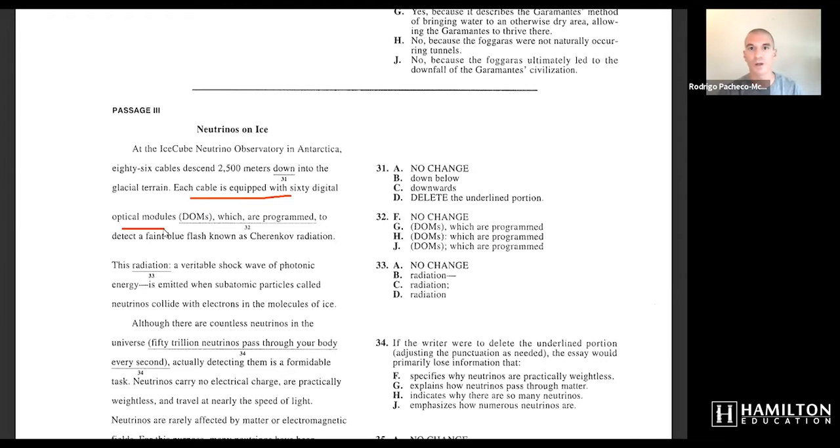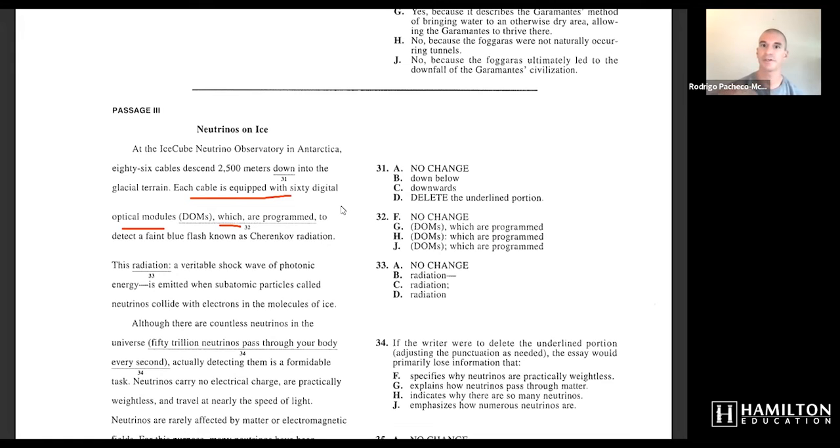So we have one clause here, independent, which are programmed to detect a faint blue flash known as Cherenkov radiation. So we have this pronoun here, which is going to give us a relative dependent clause. The second part here is a relative dependent clause.